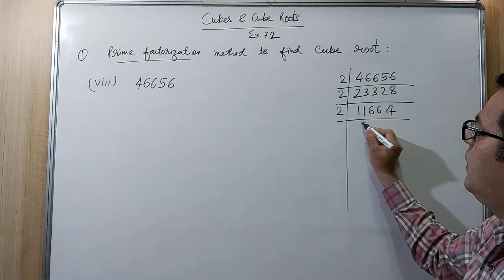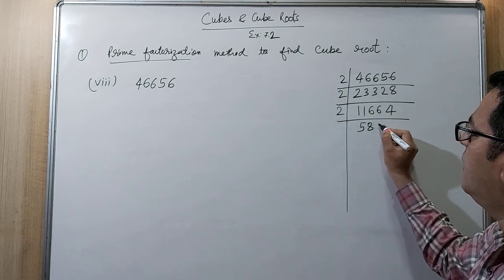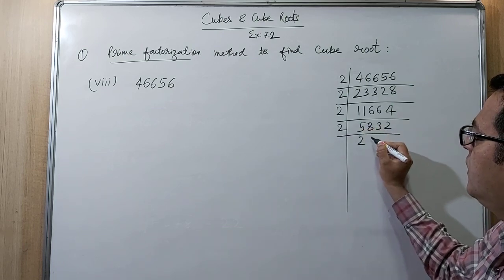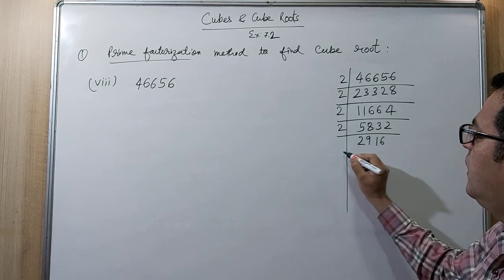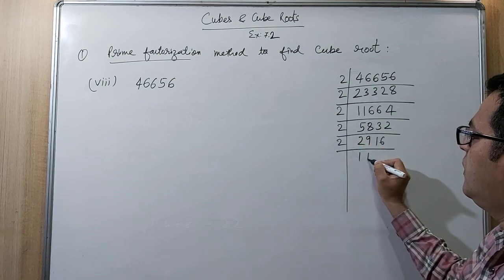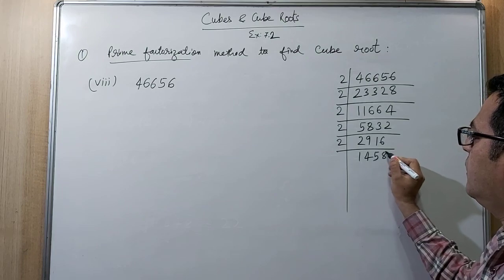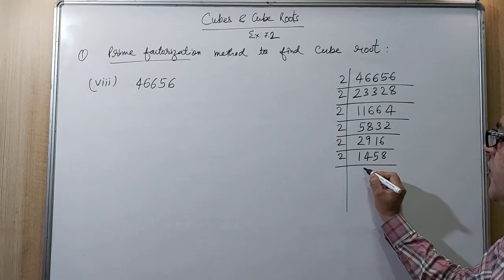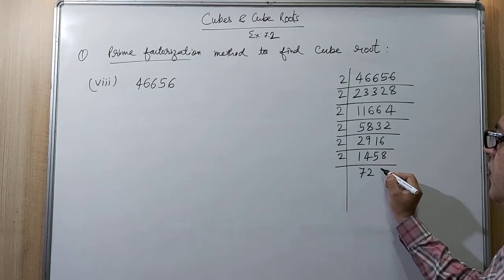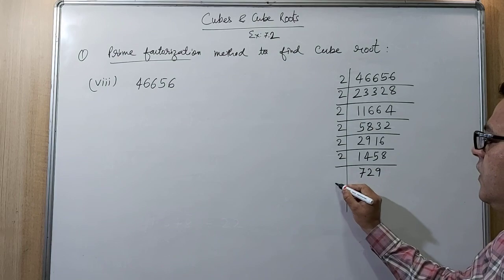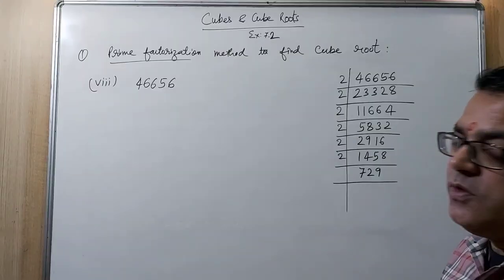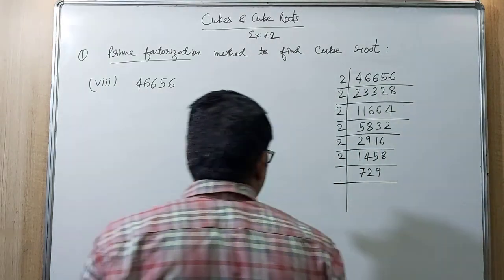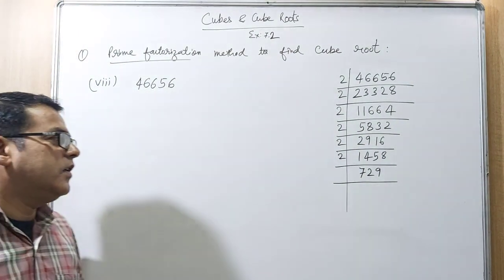Again by 2. Again by 2. Again by 2. I hope you all know how we are dividing by 2. Now, as you can see, the last digit is odd, so we do not divide by 2 now, right?